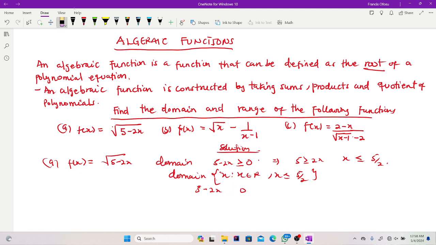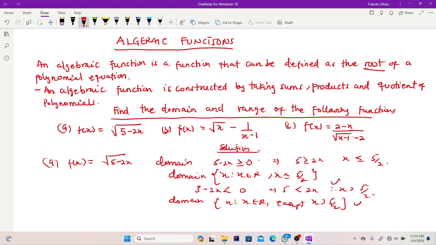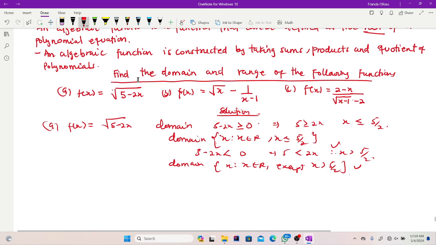This should give us a set of values that will make this function undefined. So here we get 5 is less than 2x. Therefore, x is greater than 5 over 2. In this manner, our domain is simply x such that x is a member of all real numbers except x greater than 5 over 2, and this is the same as the previous one. So any way you want to do it is the same thing.